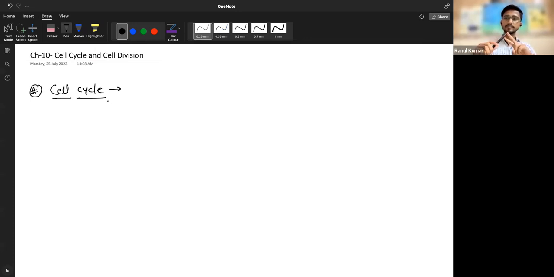If something is repeating, it is called a cycle. If something is non-repeating, it has a start and an end, then it is called a process. Now, in a process, if the end product comes back to the initial product, that becomes a cycle. So for example, glycolysis is a process, it's a pathway, but Krebs is a cycle, the Krebs cycle.